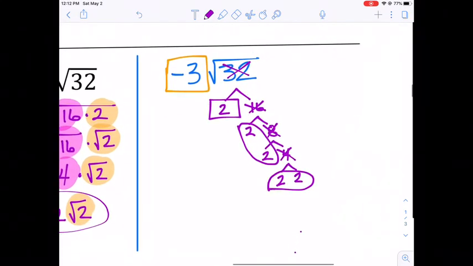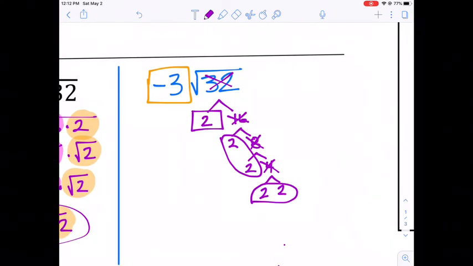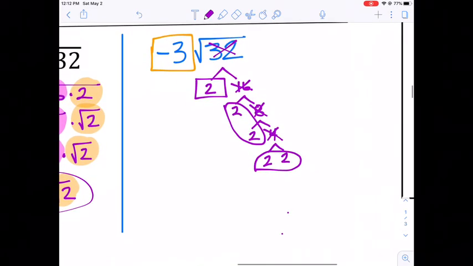So I'm going to look at what I can bring out of the radical. Notice the negative 3. It has to stay out there. I can bring out one pair of 2's right here as a 2. And I can bring out another pair of 2's right here.